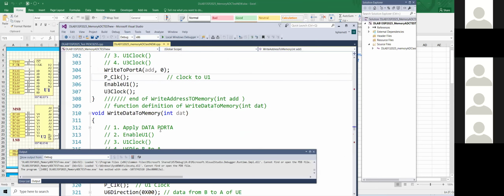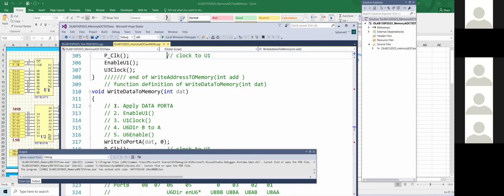And now for write data to the memory. You apply data to port A. You need to enable U1. You need the U1 clock. You need the U6 direction B to A, and U6 enable.